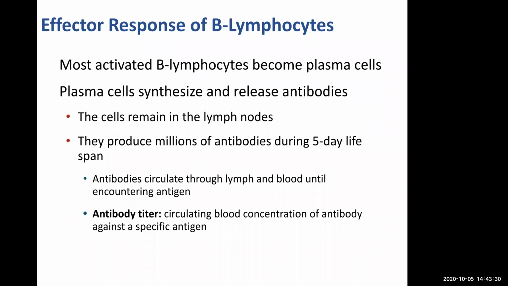So for example, if you've been vaccinated against hepatitis B, which, at least when I initially got it, was a series of 3 to 5 shots spaced a few months apart each.